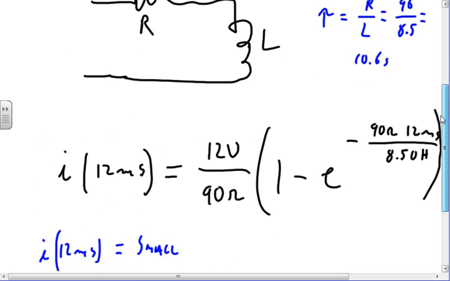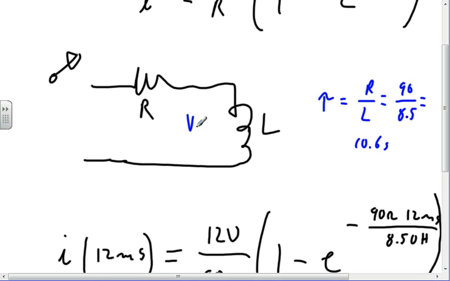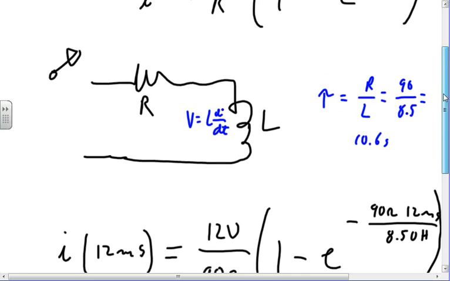What's happening is that the voltage across the inductor is L di/dt, and so when the change in current isn't there, it's going to be max. So this is going to be pretty small.